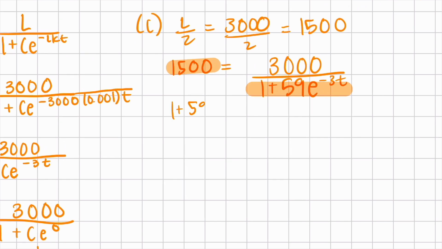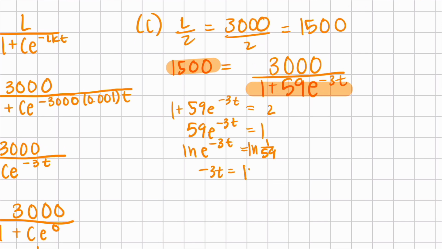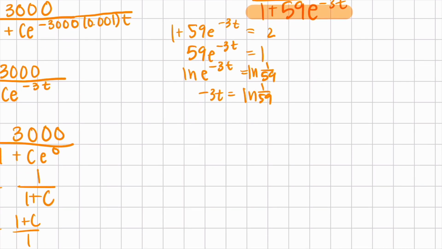So I get 1 plus 59e to the negative 3t equals 3,000 divided by 1,500, which is 2. Then subtract 1 on both sides, divide by 59 on both sides, take the natural log of both sides of your equation, and divide by negative 3 on both sides. When we plug this into our calculator, we get about 1.359 days.